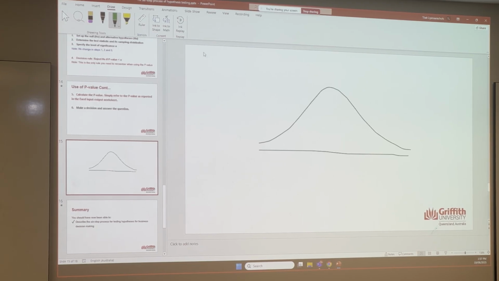If it is a two-tail test, you can have this side as well as this side, and there is a critical value. Suppose it's 1.96: negative 1.96 and positive 1.96, because they are symmetric.